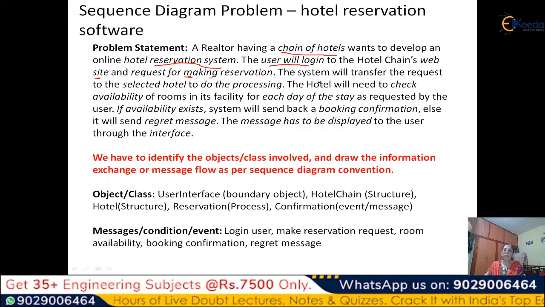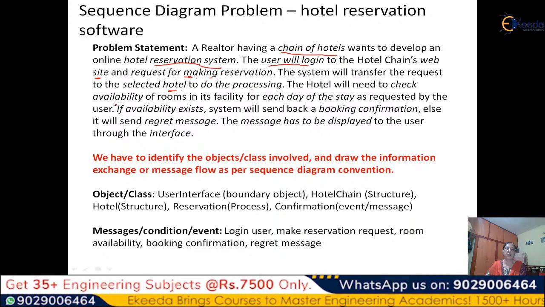Okay, so you have done it in so many other online websites. The system will transfer the request to the selected hotel, okay, to do the processing, because the hotel chain has many hotels. So depending on the place the person wants to travel, it will select the particular hotel. So the hotel will need to check availability of the rooms. Otherwise, it cannot do the reservation.